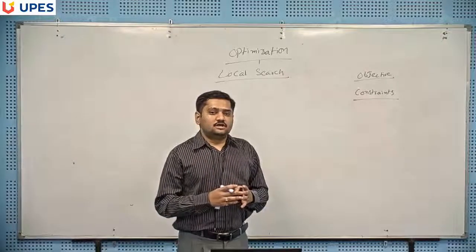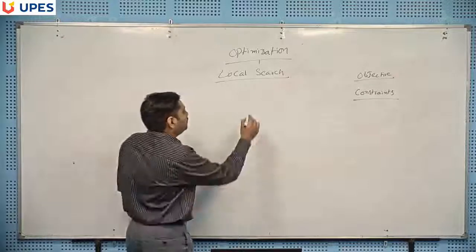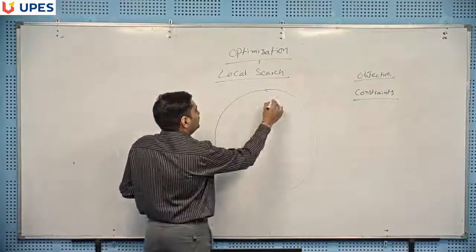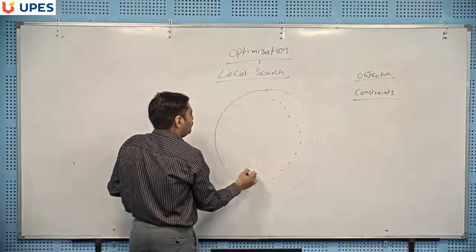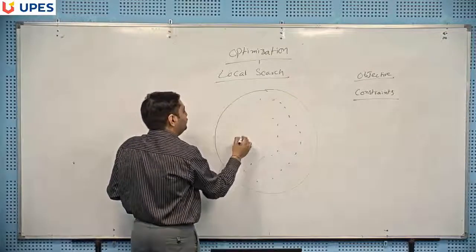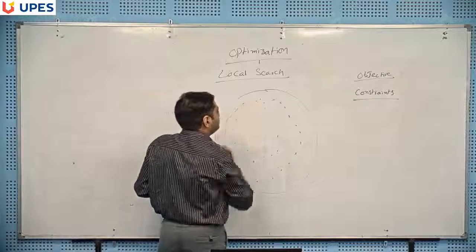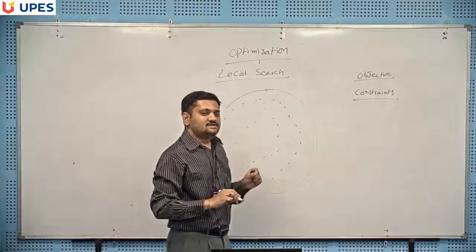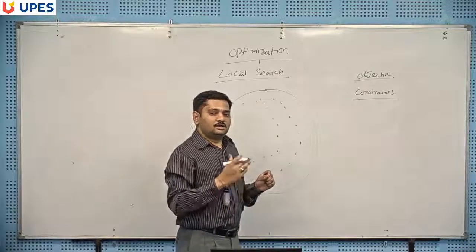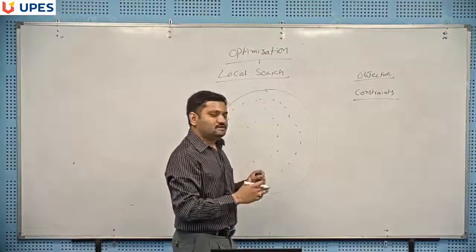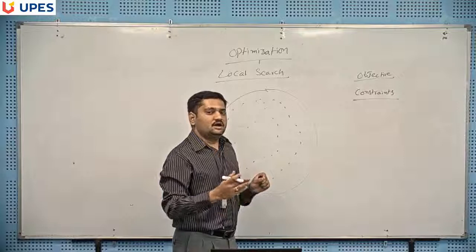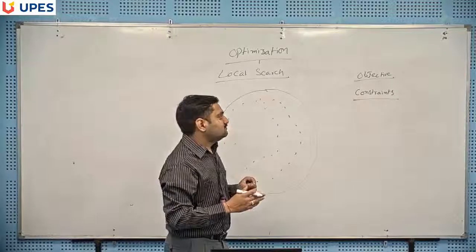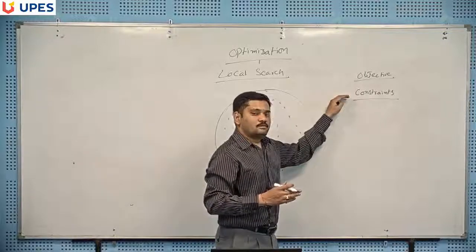In this entire solution space, we know solutions are available in the search space, and we need to find a certain x which can satisfy either minimization or maximization according to the objective function, provided that it satisfies the constraints of the problem.